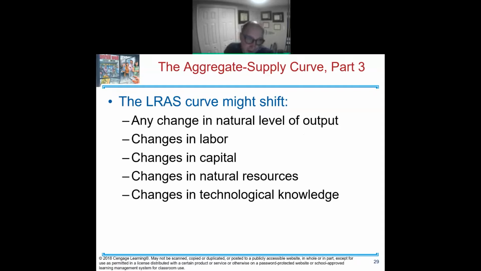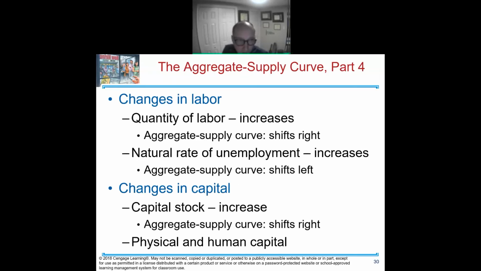With respect to the natural level, if there's a change in something like the amount of labor, capital, natural resources, or technological advancements, there will be a possible shift in the supply curve. Because remember, anytime that we impact a supply component like labor, capital, natural resources, all of those things are part of the supply chain, right?